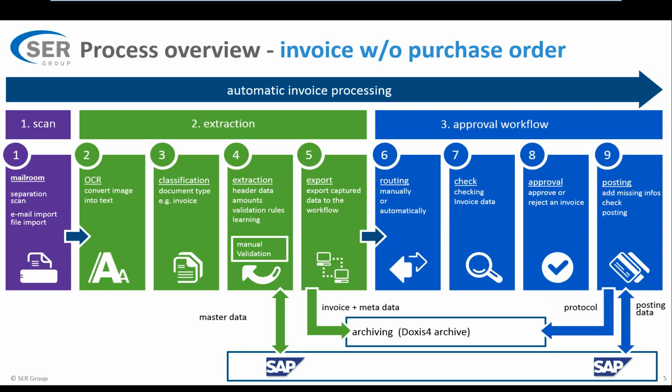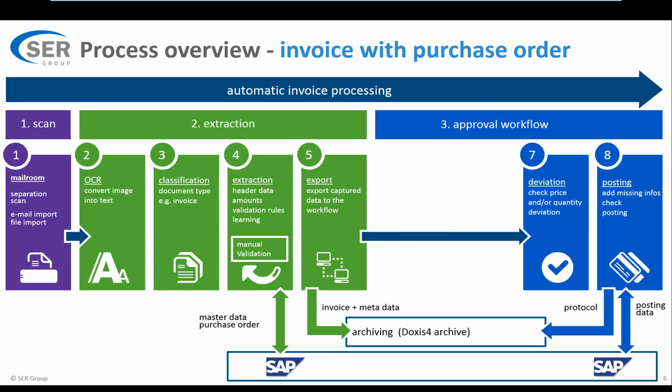Okay, a small change, let's say, regarding the invoices with a purchase order in the background. Basically, the process is the same as an invoice without a purchase order, but because there's a purchase order in SAP in the background, we can automatically check the purchase order and do a 3-way match against the purchase order in SAP and, of course, the goods received.